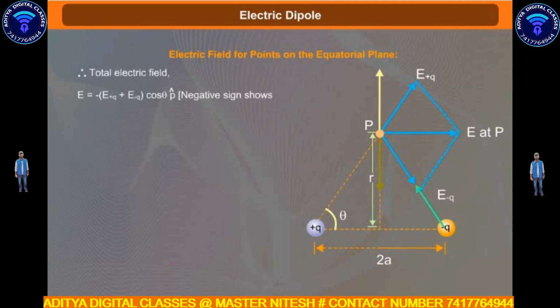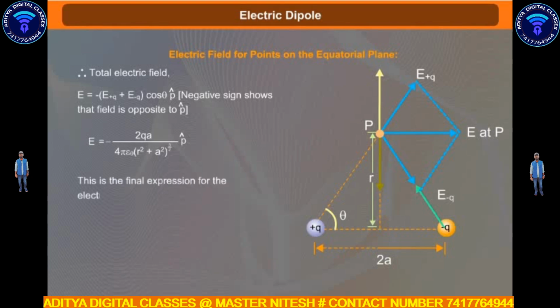Here, the negative sign shows that the field is opposite to P cap. So, E is equal to −2qa by 4 pi epsilon naught (r square plus a square) whole power 3/2, P cap. This is the final expression for the electric field.